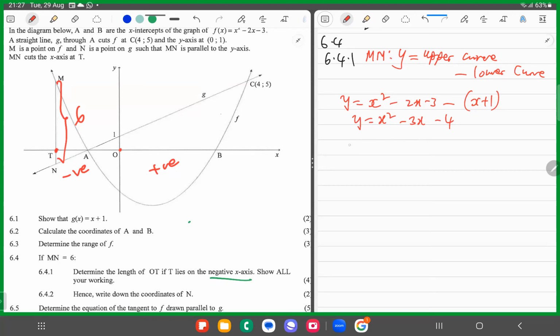We already said that MN is 6 units, so the difference between these must be 6. So this is x squared minus 3x minus 4, and then we have x squared minus 3x minus 10, which means 0 is what?